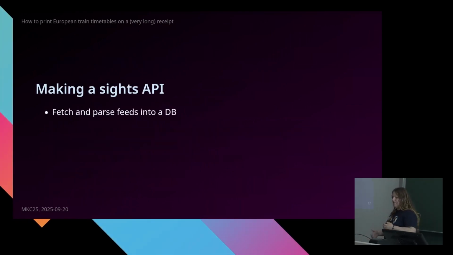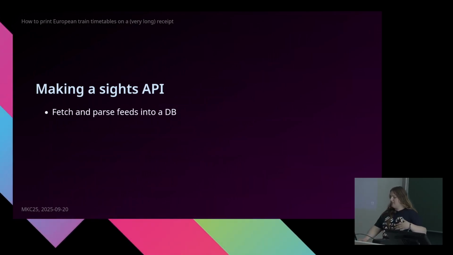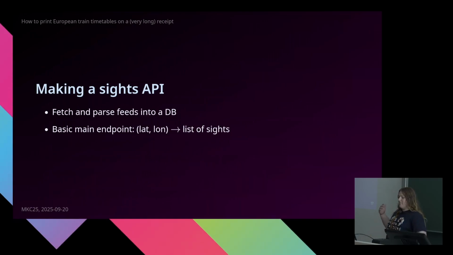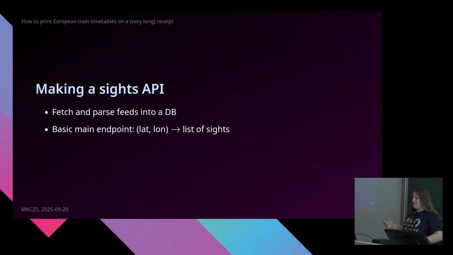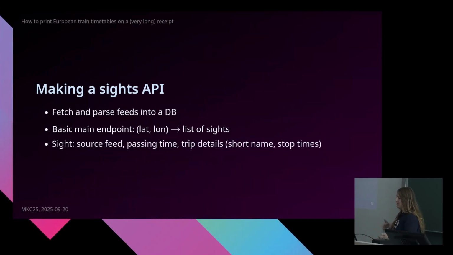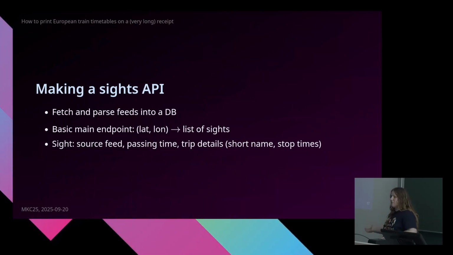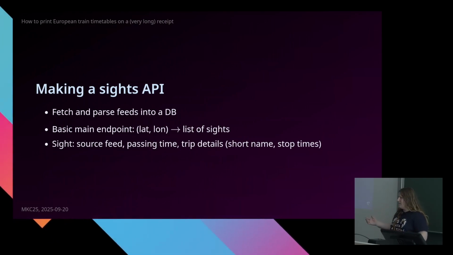So we can make a pretty simple API out of this. Take the feeds, pass them into a database, and then from the coordinates, we can make an endpoint that takes a point and then returns a list of trips, each one of which is going to have a source feed, and then passing times, and then all the regular info about the trip, which we have in the database.